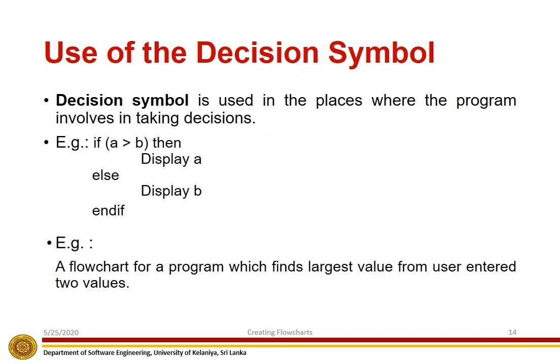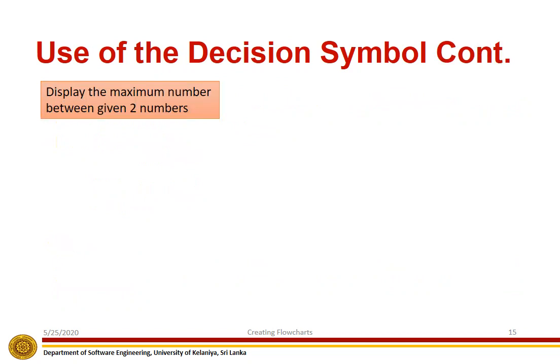Now we will see how to draw a flowchart for the above scenario with user inputs. A program which finds the largest number from two user entered values. Here we have to display the maximum number among the two numbers given by the user. First we start with the terminal symbol, the rounded rectangle. Then we get the two inputs from the user, read A, B inside a parallelogram.